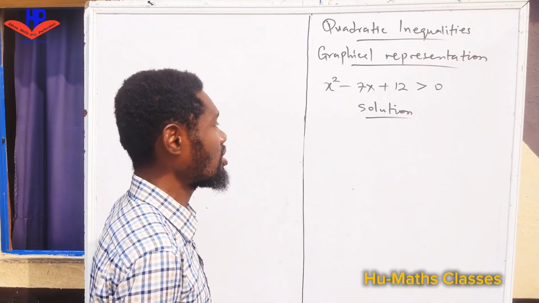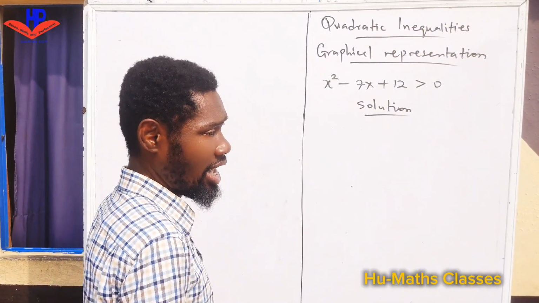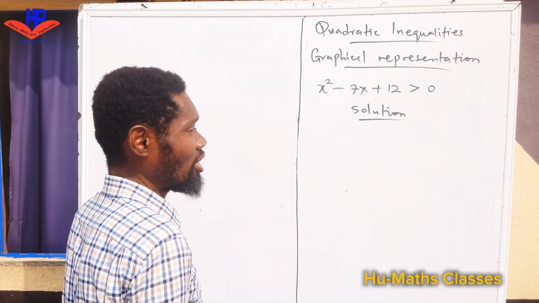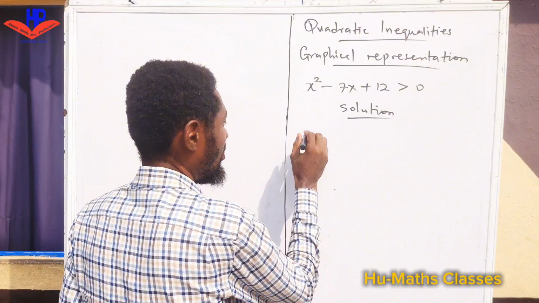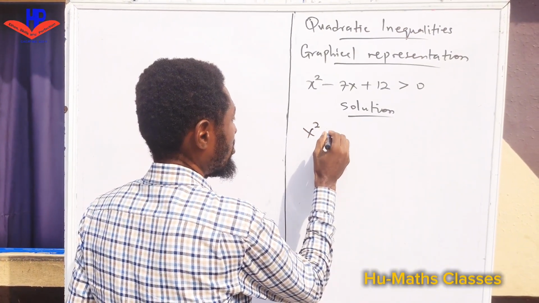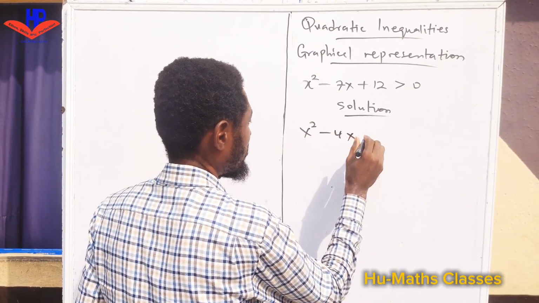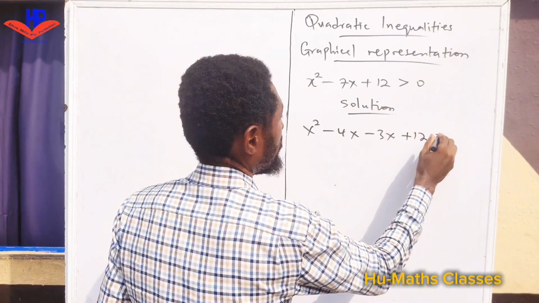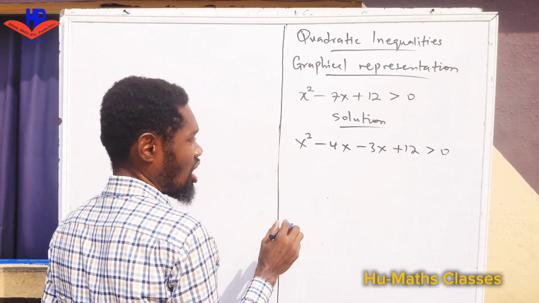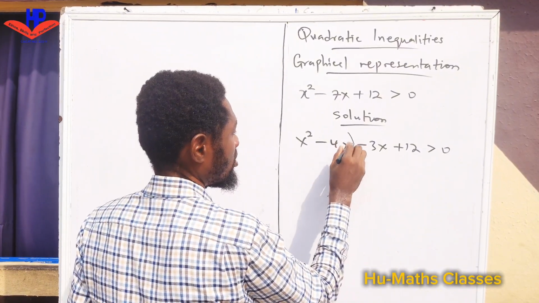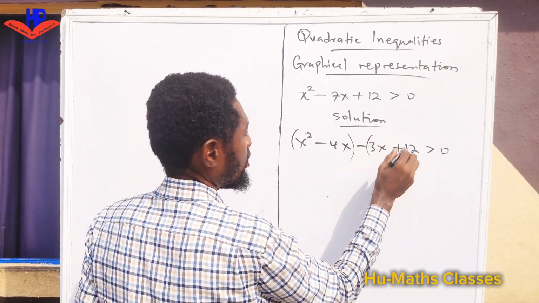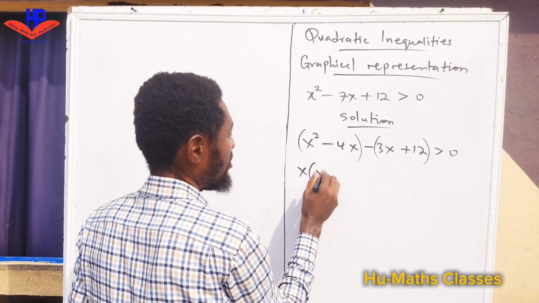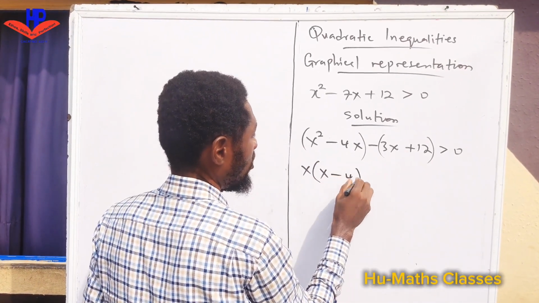So I'm going to replace minus 7x by minus 4x and minus 3x. So we have x squared minus 4x minus 3x plus 12 greater than 0. If you factorize by grouping, what is common here is x, so we have x minus 4.